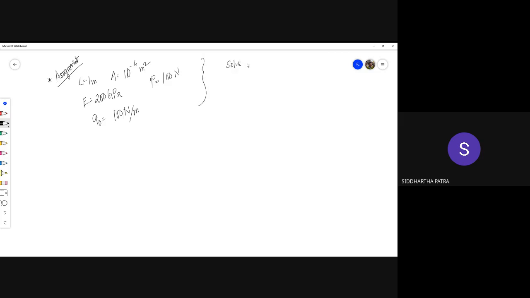Solve using linear or so-called lower order bar element for tip deflection.